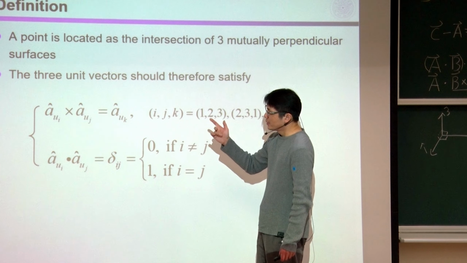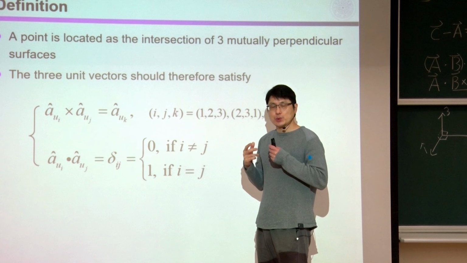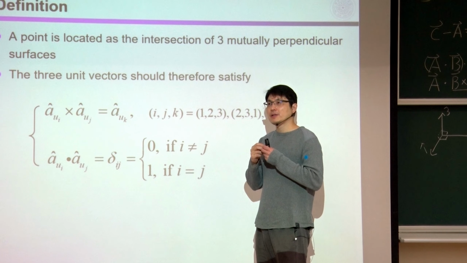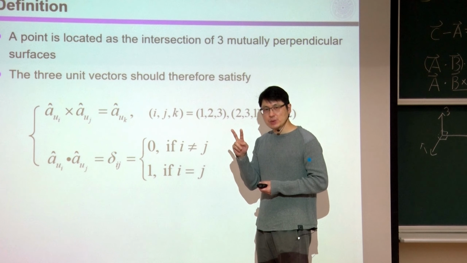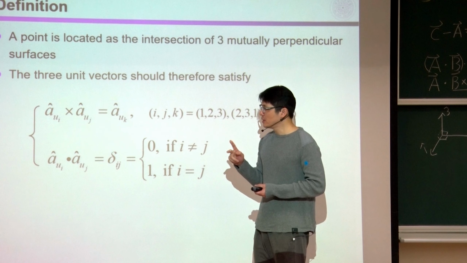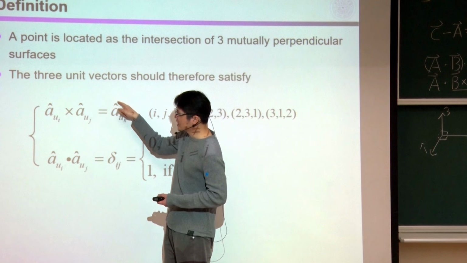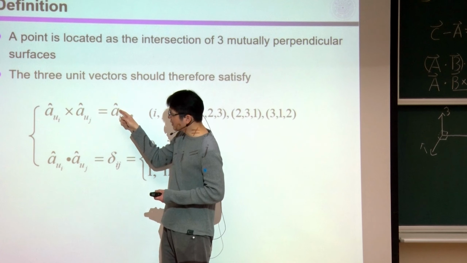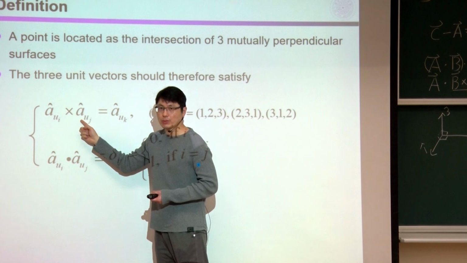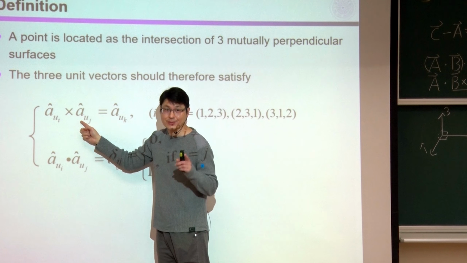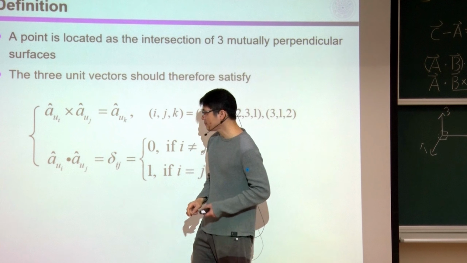Then we need to add another constraint to guarantee each two of them are perpendicular. Because the first one only tells you the third guy is perpendicular to the second one and also perpendicular to the first one, but there's no guarantee the first one and the second one are also perpendicular, right, up to now. So we need to ensure that here.